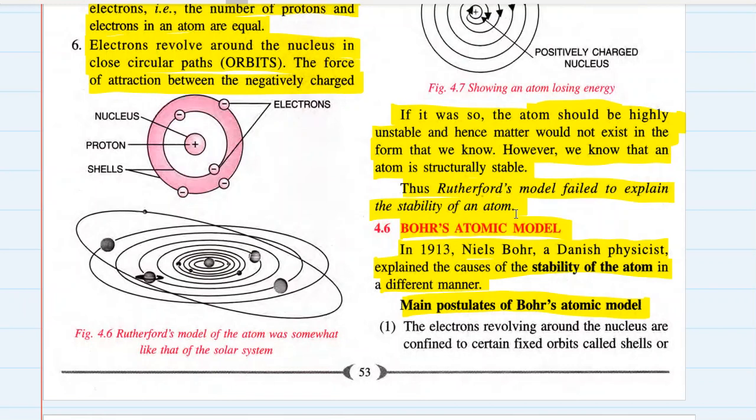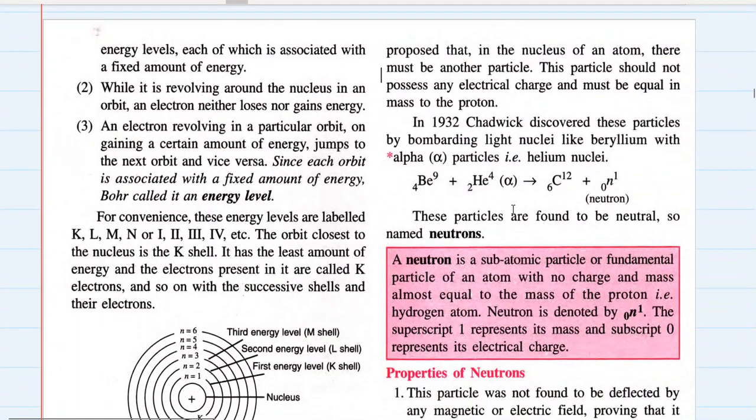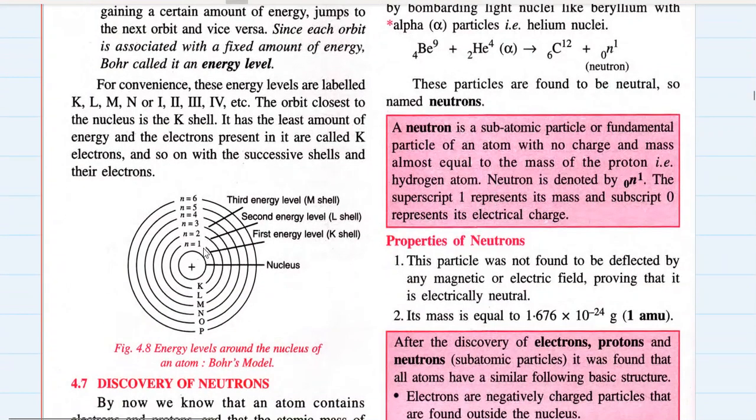So the main postulates of Bohr's atomic model: the electrons revolving around the nucleus are confined to certain fixed orbits called shells or energy levels, each of which is associated with a fixed amount of energy. So Niels Bohr told that around the nucleus there are some fixed shells which are associated with some fixed energy level.